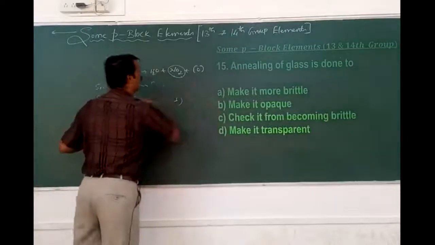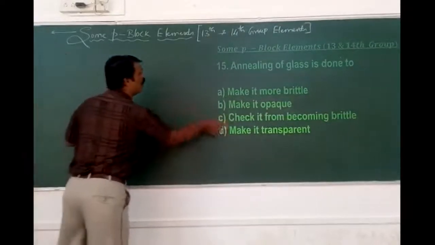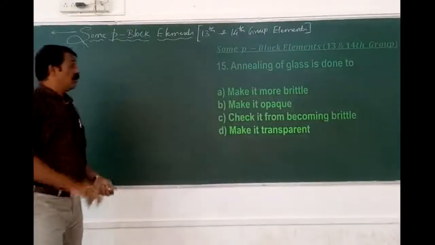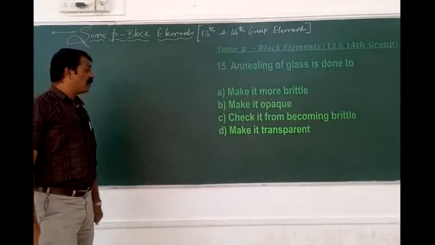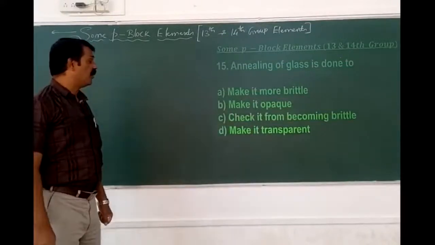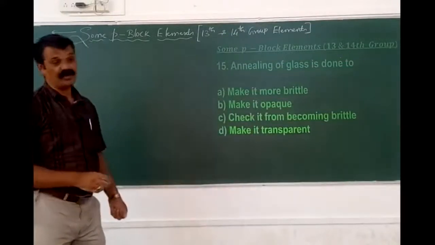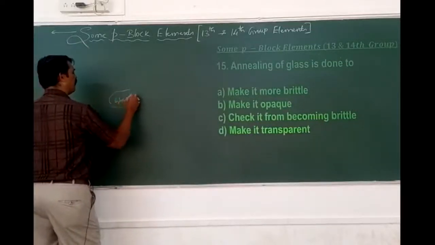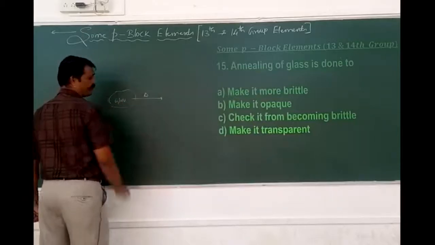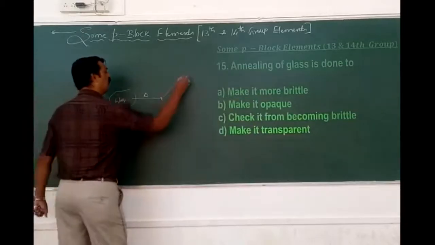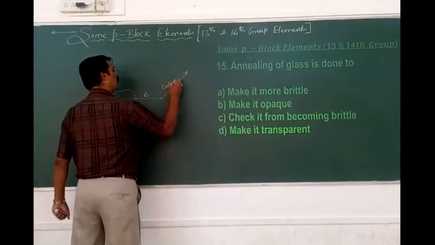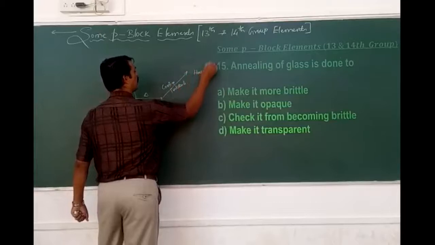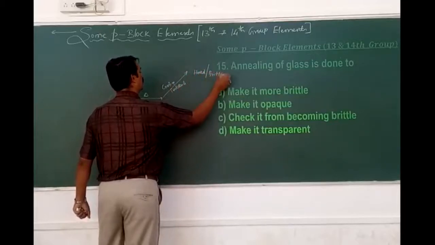Next is, annealing of glass is done to make what? Brittle, make it opaque, check it from becoming brittle, make it transparent. Usually, when the glass piece, for example, is heated and then cooled suddenly, it becomes hard and then brittle suddenly.